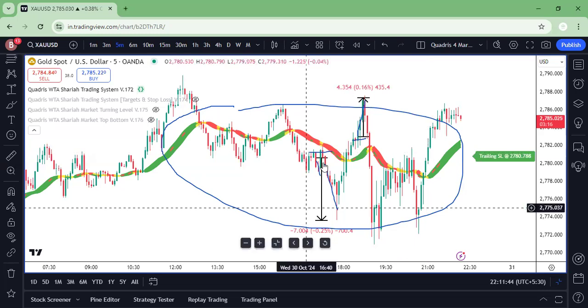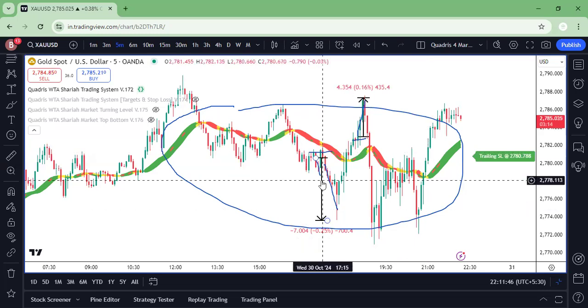So it makes around 10 points or 1,000 pips, whatever, you do the calculation according to your broker. So this is how this system works, and it works very well.